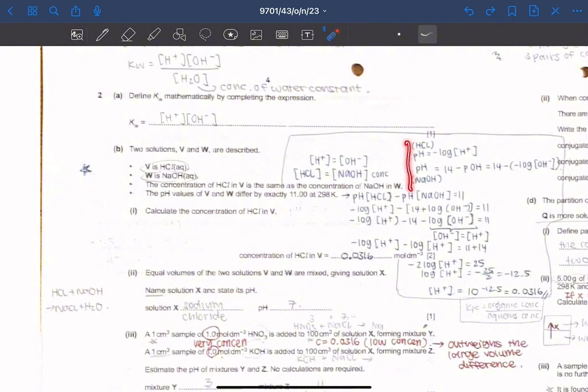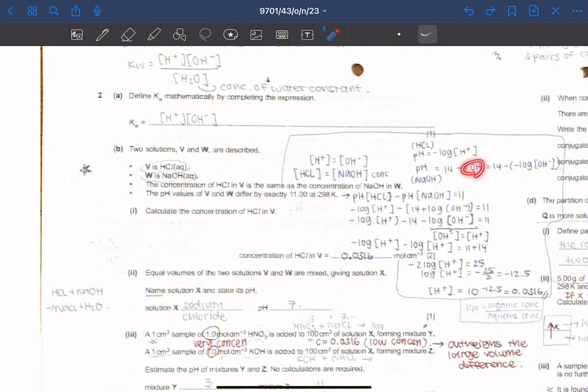And then we should form equations from that. To calculate the pH of HCl, negative log concentration H plus is the formula. And for the pH of NaOH, it's a little bit trickier, which is 14 minus pOH. 14 because the pH maximum is 14, minus pOH, we get the pH of NaOH.